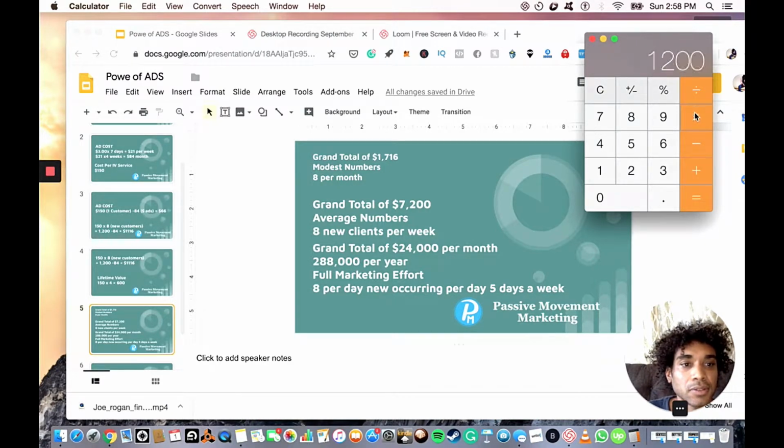So $6,000, and then times that by 4, it goes $24,000. Then by 12, boom, that's $288,000 a year. That's amazing.